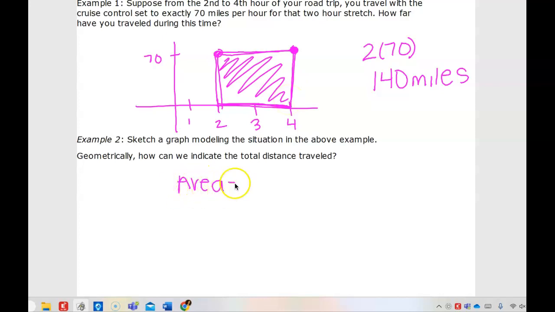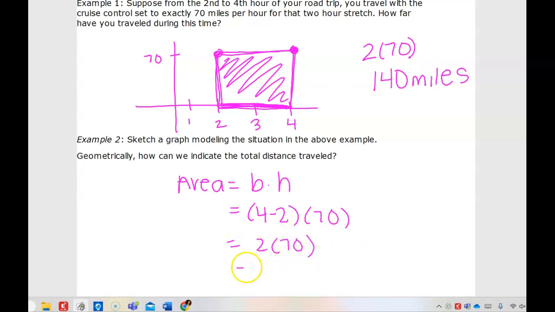So area would equal the base times the height. The base is going to be 4 minus 2. My height is always 70. So once again, giving me 140.